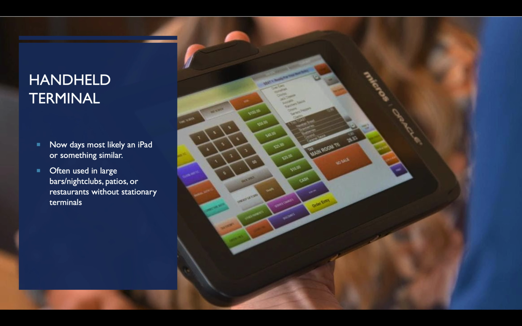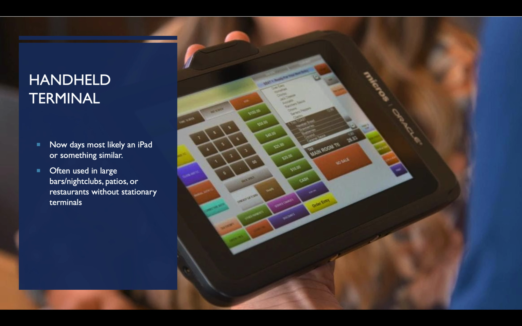Sometimes in our environment we'll host a large party in one of the conference rooms, which is outside of the class act, and that's an ideal environment to use this because you need to think about the amount of time it takes to write down an order on a standard captain's pad for a large party and then walk all the way back to the restaurant or wherever your POS terminal is and ring that in. A lot of time has passed by the time you've taken the order and the time it actually rings in.